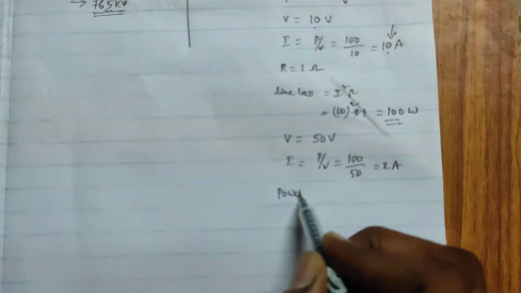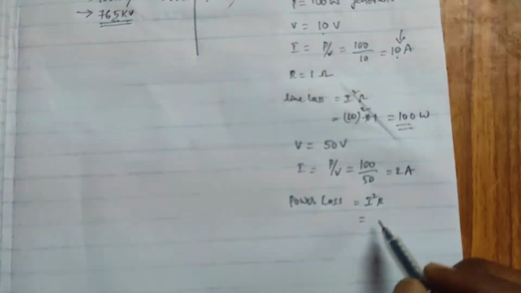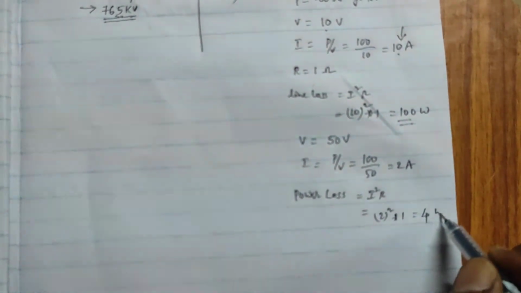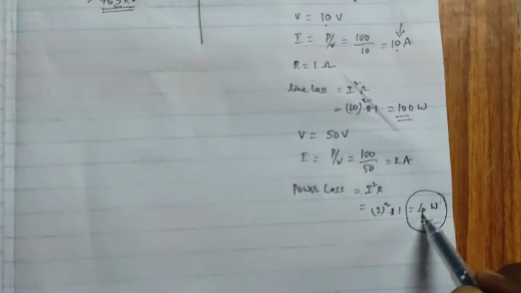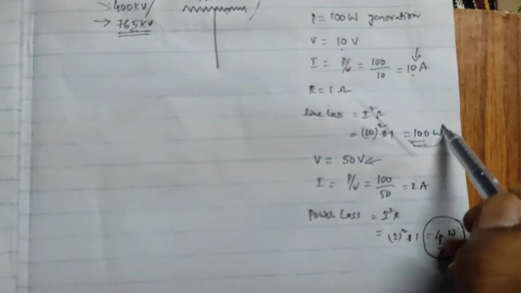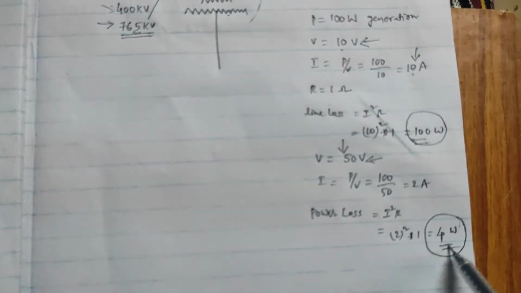Now the line loss will be the same I square R. This time the current is 2 amp, so only 4 watt of loss. So this is the amount of loss with higher voltage, and this is the loss with low voltage. That is why we always opt for higher voltage transmission, because the line loss will be less.